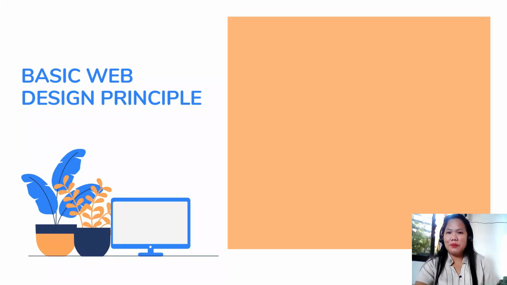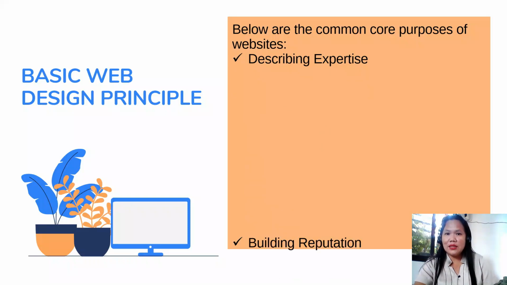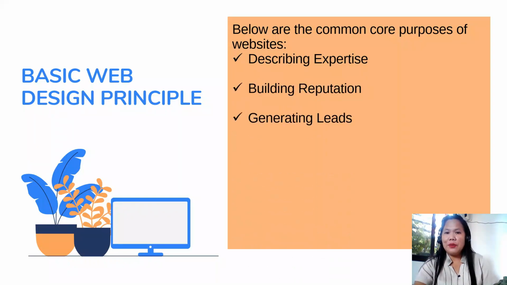Basic web design principle. What are the common core purposes of a website? Below are the common core purposes of a website. Describing expertise, building your reputation, generating leads, sales, and aftercare.